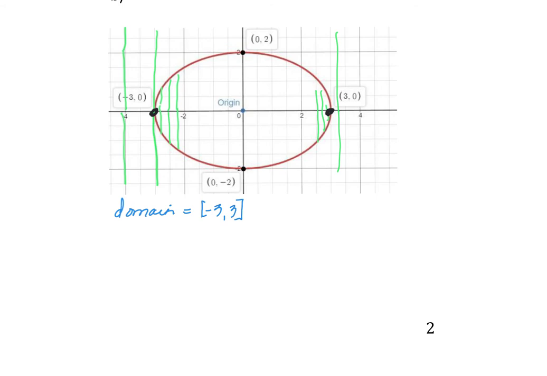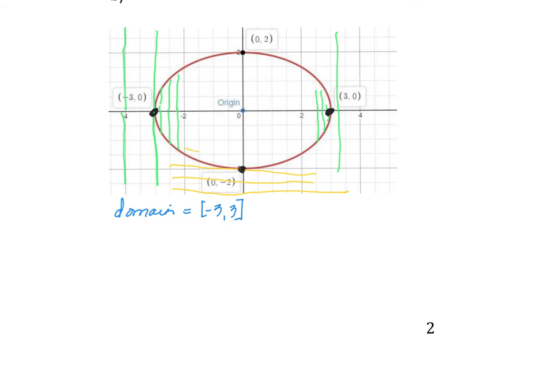So now the range, we're going to do the same thing. We're going to look at the y values. Well, when I look from below, what color am I going to choose? Do I want green? No. I'll do yellow. When I look below -2, it doesn't correspond to anything on the graph. As I go up, the first time I touch the graph is with a y value of -2.